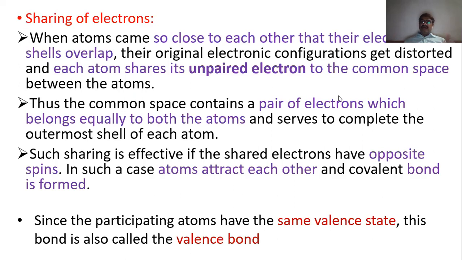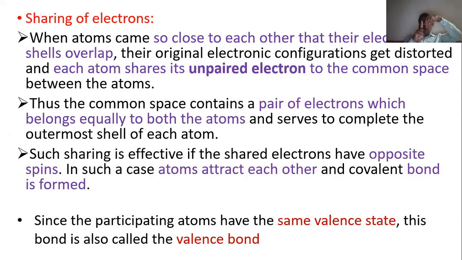That means a pair of electrons is common to both the atoms, and the pair will remain between these two atoms only. The important thing is that the sharing of electrons is effective if the paired electrons have opposite spins.